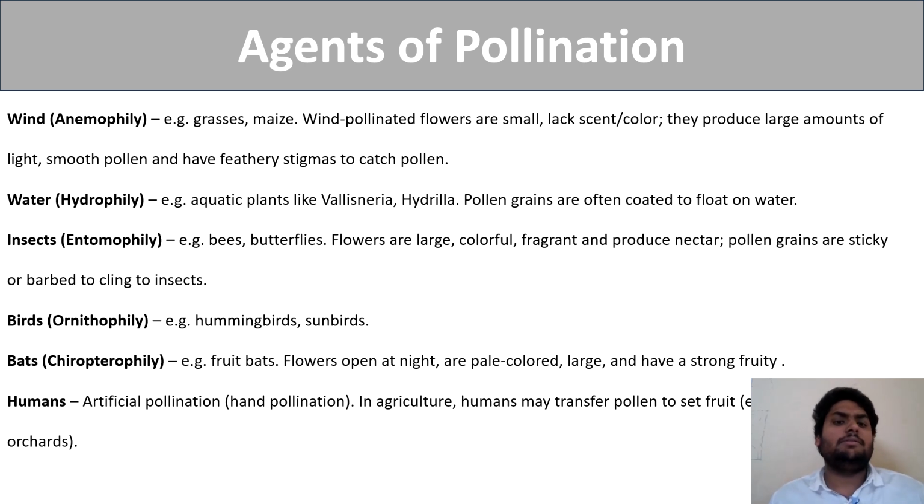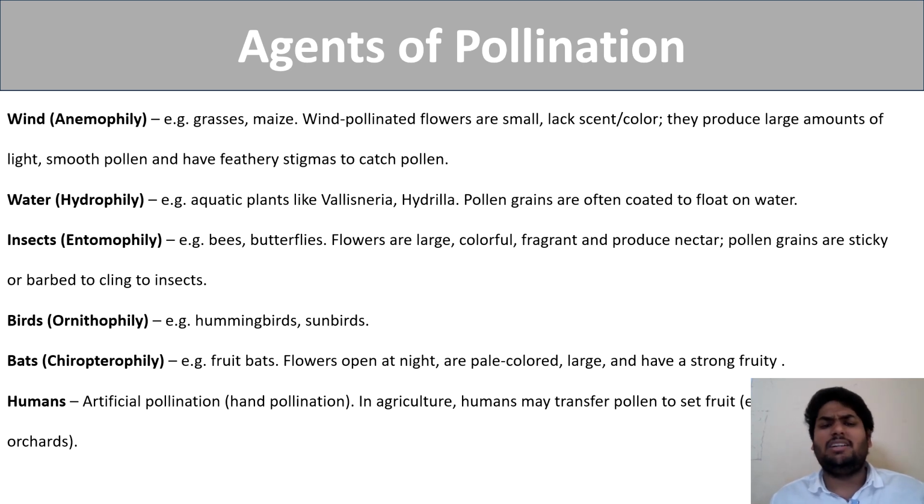Here are some agents: wind, water, insects, birds, bats, and humans. Wind pollination we also call anemophily, as in grasses and maize. Wind pollinated flowers are small, lack scent, produce a large amount of light, smooth pollen, and have feathery stigmas to catch the pollen.